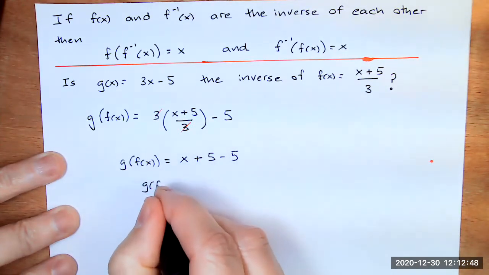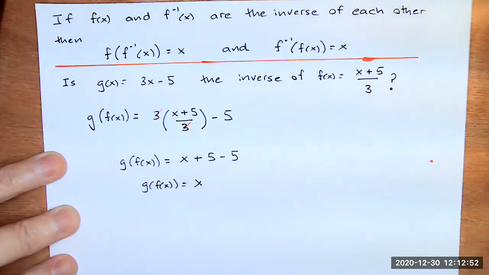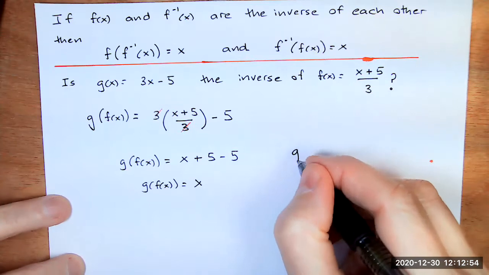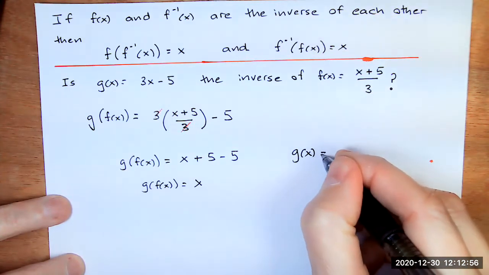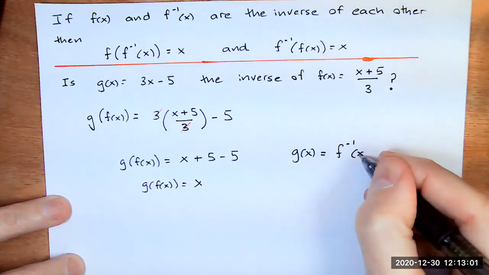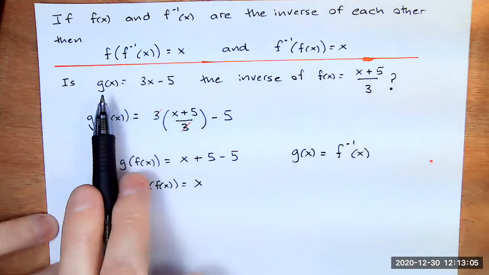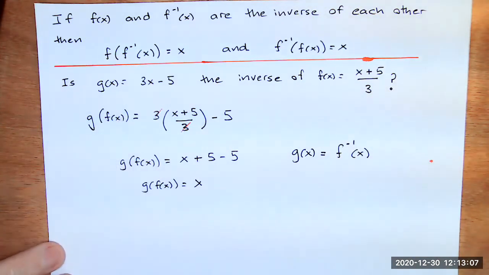So g of f of x is equal to x. So that means that g of x is in fact the inverse of f of x, or vice versa. f is the inverse of g. They're the inverse of each other.